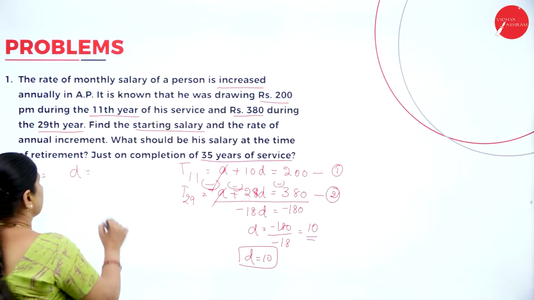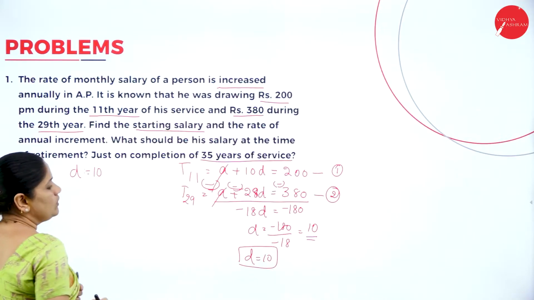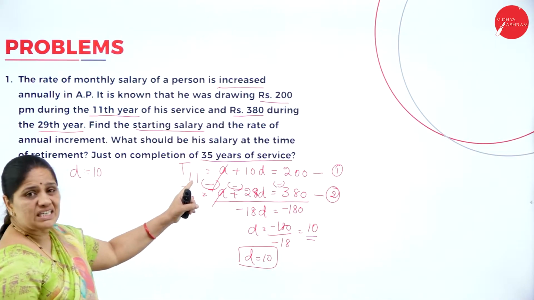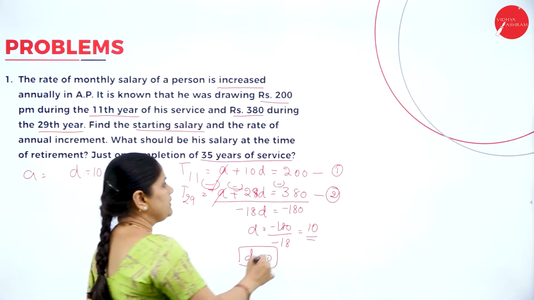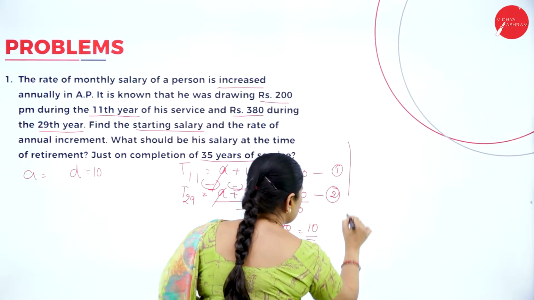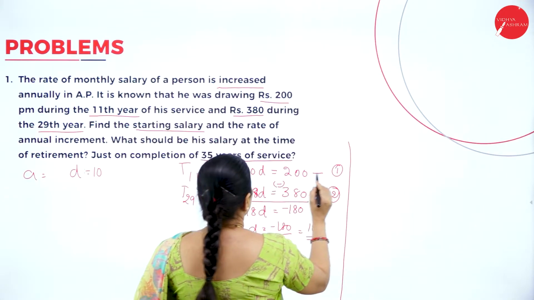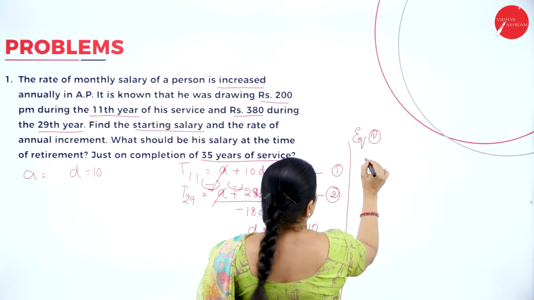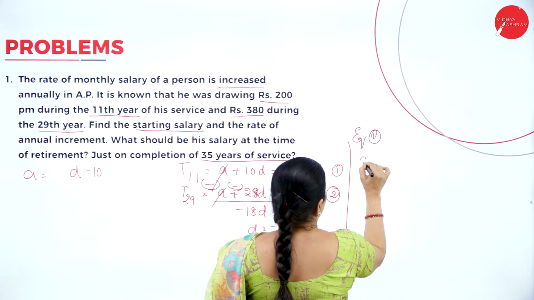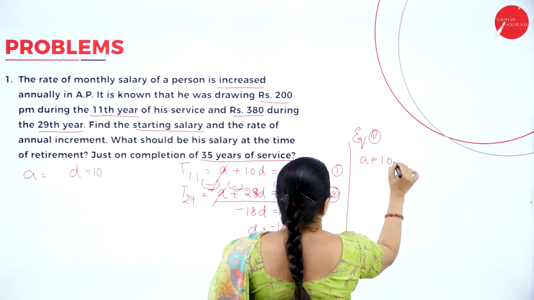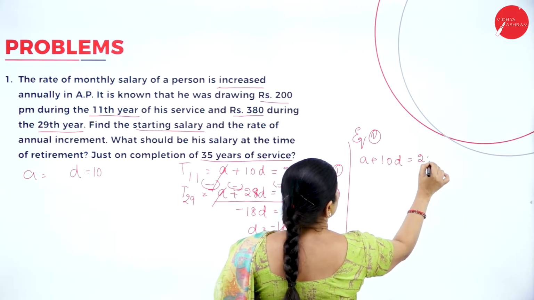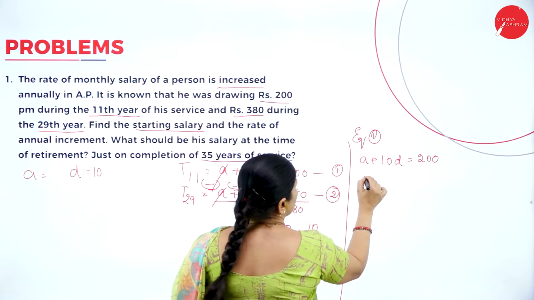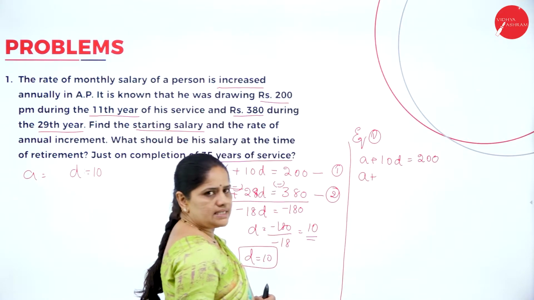So, D equals 10. Now, we have to find out what is A here. We will just substitute the value of D in equation 1. So, I will write A plus 10D equals 200. I don't know A, so I am writing A as it is.